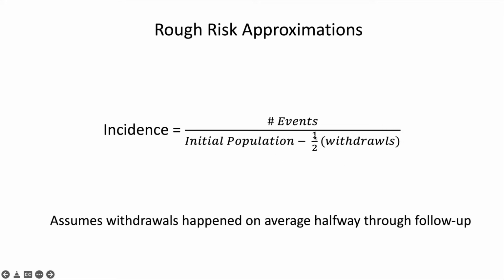And what's going on with this half here is that we're making the assumption that those who withdraw are withdrawing at regular intervals throughout, which averages to having withdrawn halfway through, where some people might have withdrawn right at the beginning, some right at the end. So on average, they withdrew halfway through.